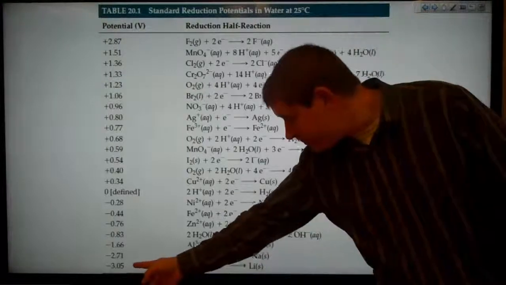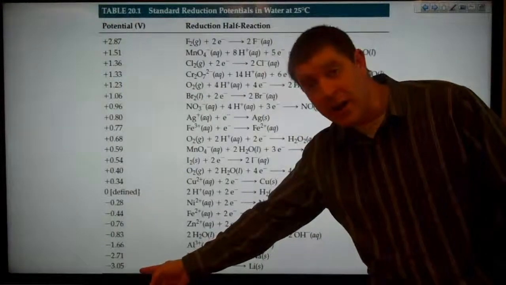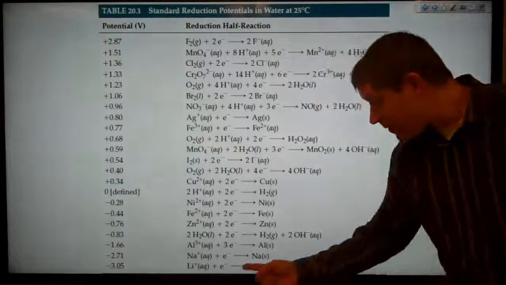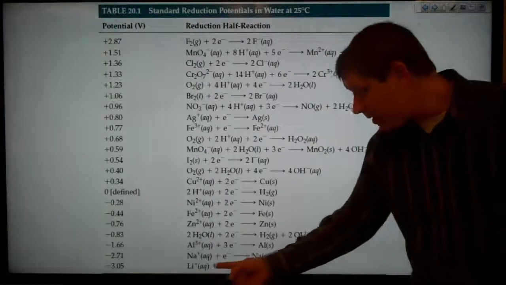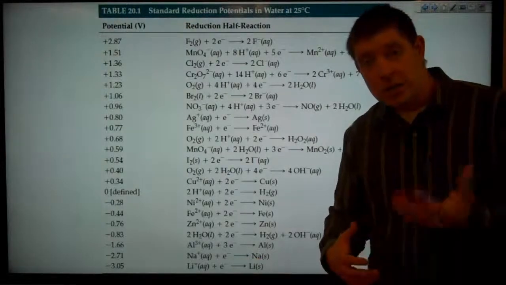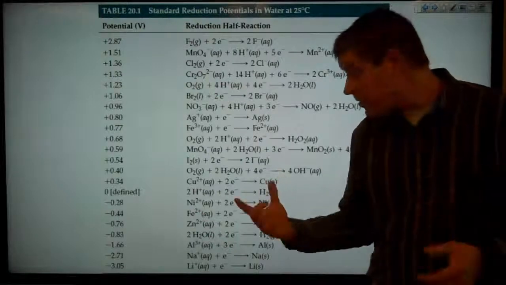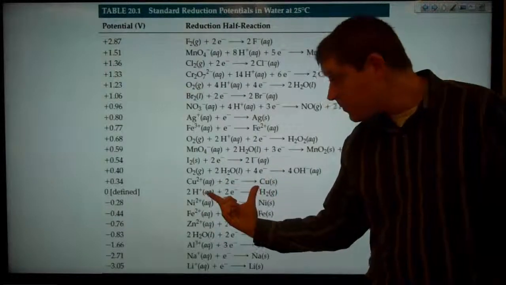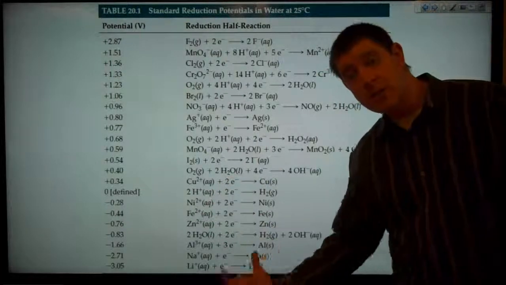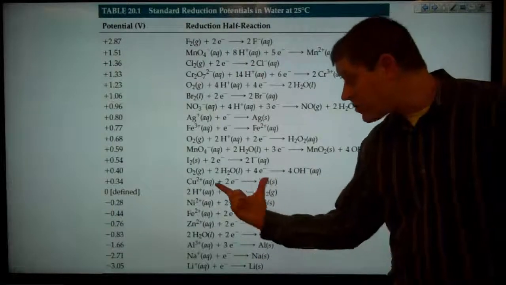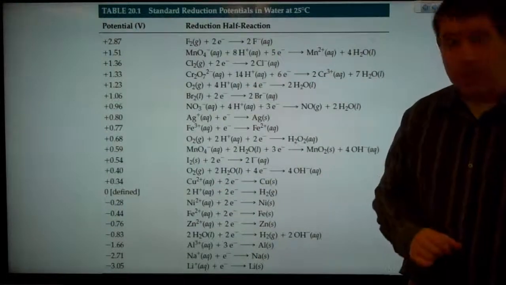If we look down here at the bottom, we've got negative 3.05 for lithium. We expect lithium to be less electronegative. Well, we know that it's less electronegative than hydrogen is, so we expect hydrogen to be able to steal electrons from lithium, but hydrogen cannot steal electrons from fluorine.